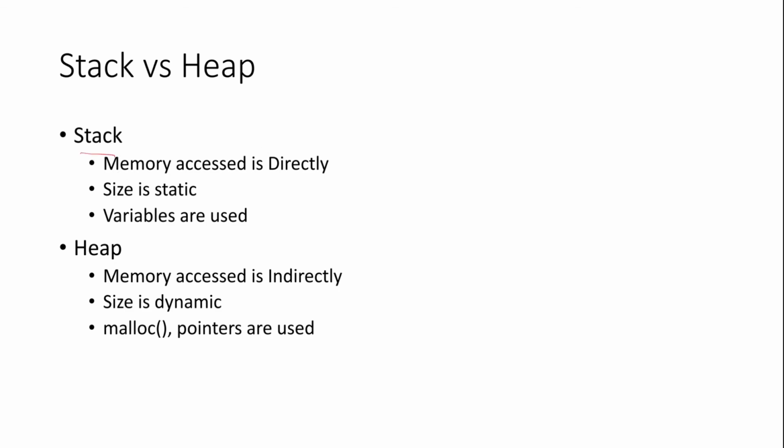In the stack, the memory access is direct, while the size is static. The variables are basically used, so you use int a, int b, and all those kinds of things. So you are basically using variables, while in the case of heap you access it indirectly, while the size is dynamic.